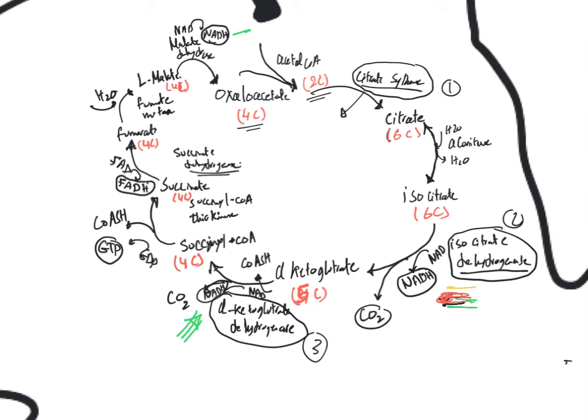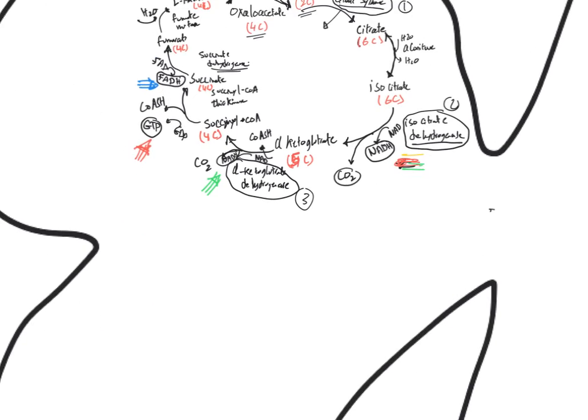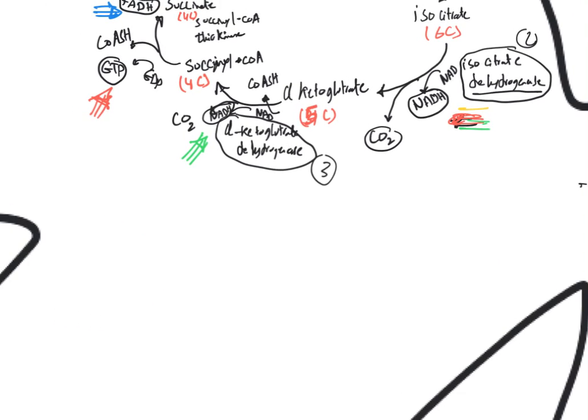This is 3, the last one. And how many GTP? There is only one GTP. How many FADH? There is only one FADH. So the net we're having here is 1 FADH, 1 GTP, and 3 NADH.